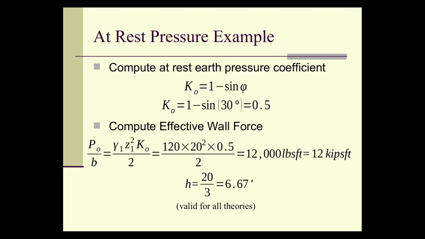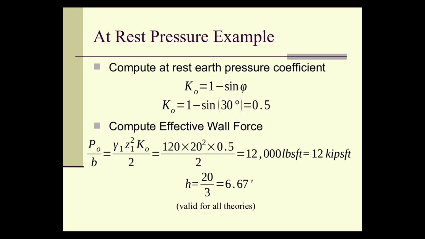And what I end up with should be 12,000 pounds per foot of wall, not foot-pounds. It's not a moment. 12,000 pounds per foot of wall, or 12 kips per foot of wall. And the height where that resultant is located is 20 over 3, or 6.67 feet from the bottom.